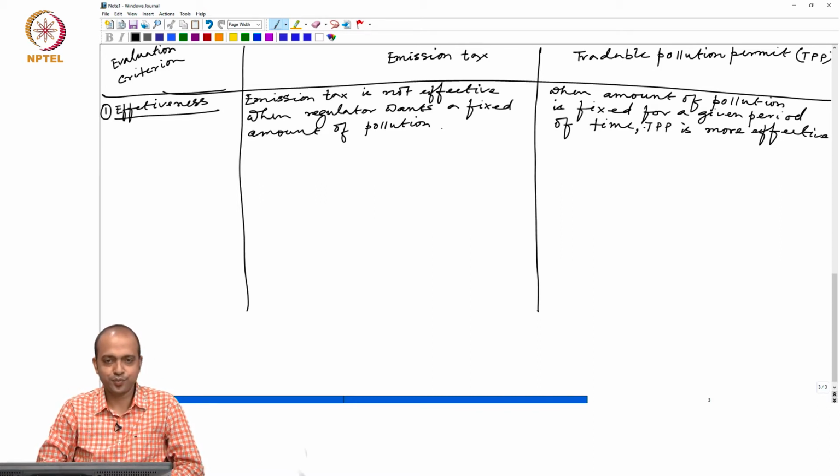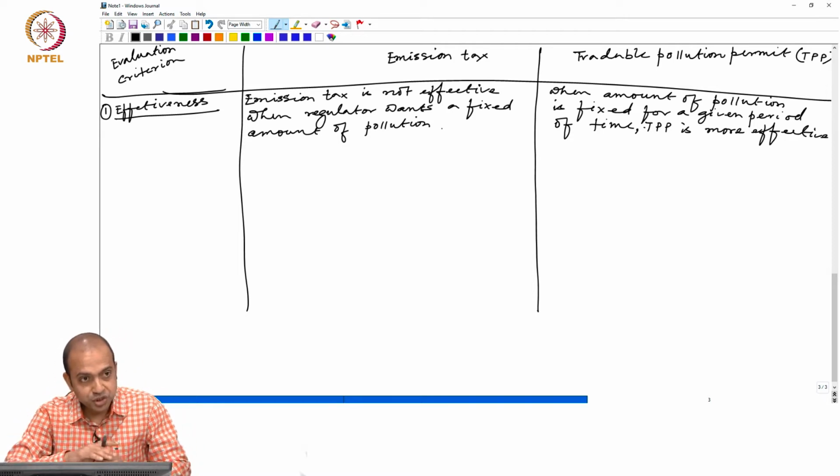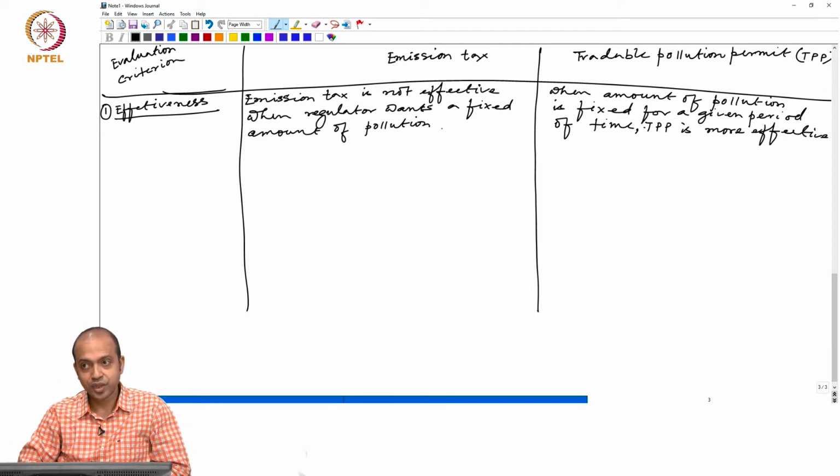On the other hand, let us say that a regulator's objective is not to get a fixed amount of pollution, rather the objective is to design a policy which will ensure certainty as far as control cost is concerned.